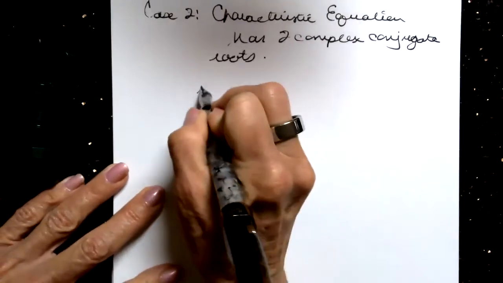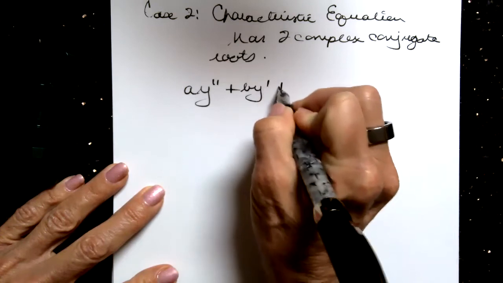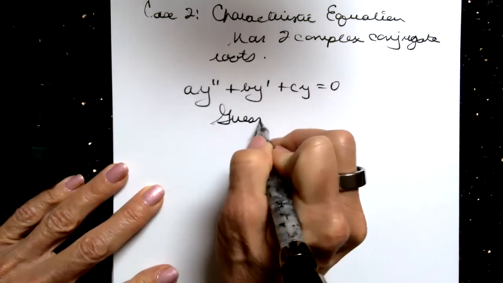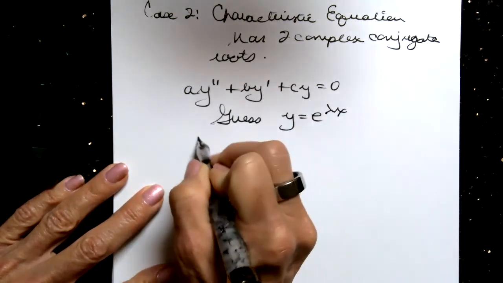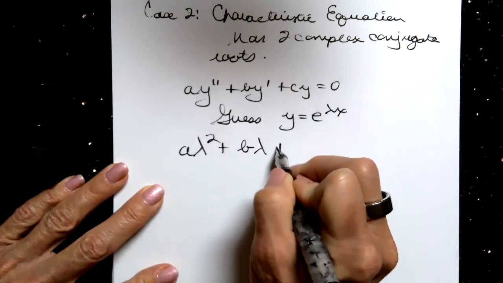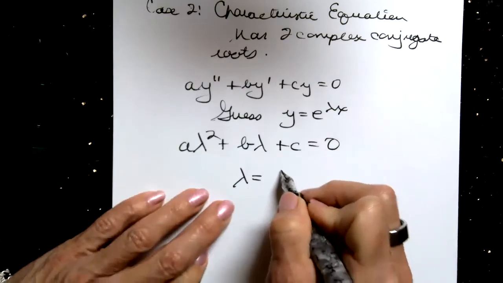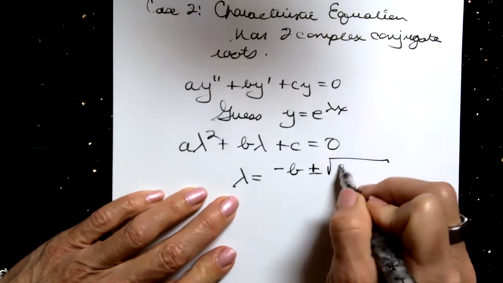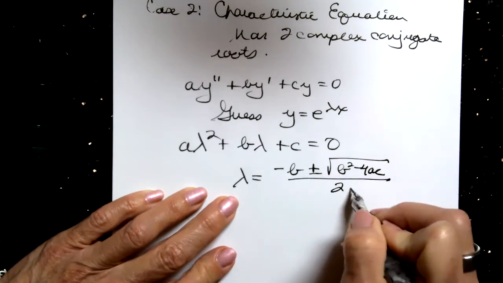So remember, we started off with our equation ay double prime plus by prime plus cy equals 0. We guessed a solution of the form y equals e to the lambda x. Then we got the characteristic equation a lambda squared plus b lambda plus c equals 0, which we recognize as a quadratic equation with the solution minus b plus or minus the square root of b squared minus 4ac all over 2a.